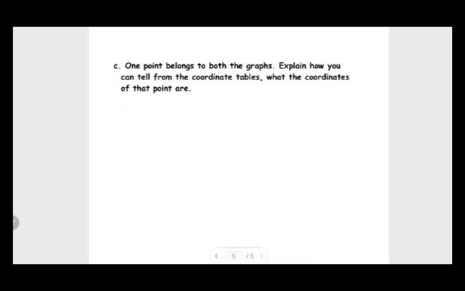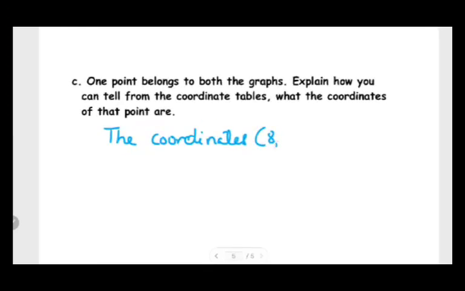The coordinates 8 and 12 appear or are common in both tables. Yes, children?